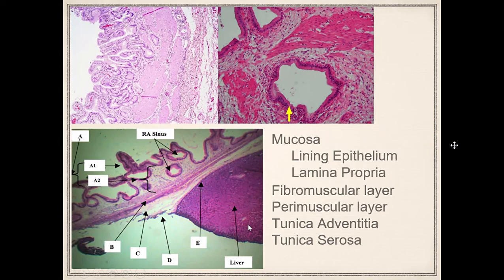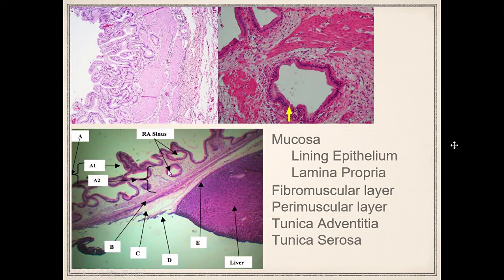Now, as you see, this is attached to your liver. Depending on its attachment, the outer layer would be either tunica adventitia or tunica serosa.